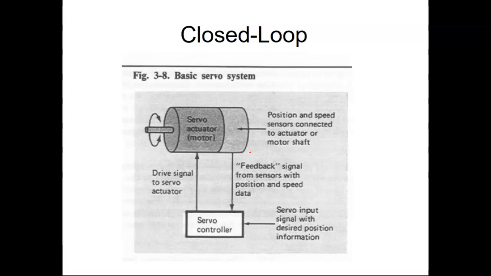It can tell how it was moved and where it got moved to. That's what's in all these bigger robots. Non-servo are the ones that are the stepper motors and things like that.